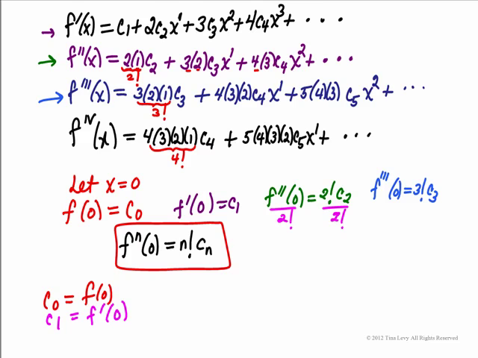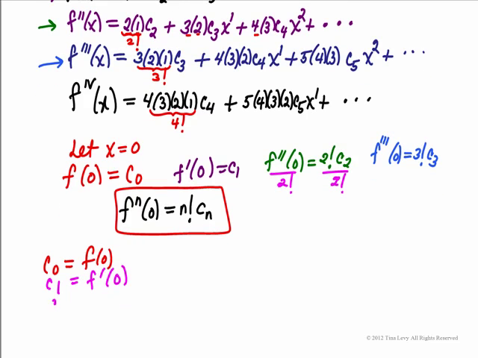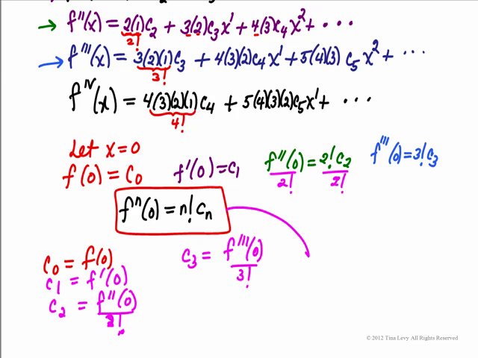Working that out, c sub 2 is the second derivative at 0 over 2 factorial. And working this, c sub 3 will be the third derivative at 0 over 3 factorial. So in fact, using our generalization, the nth constant c sub n is the nth derivative at 0 over n factorial.